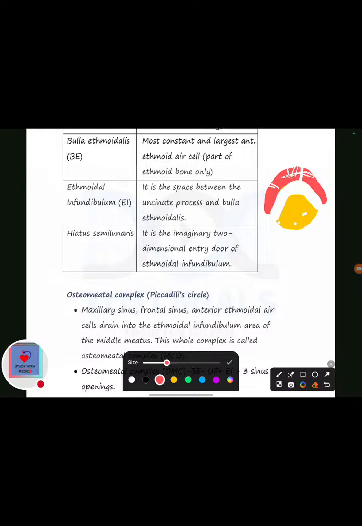Hiatus semilunaris is the imaginary door entering into the ethmoidal infundibulum.